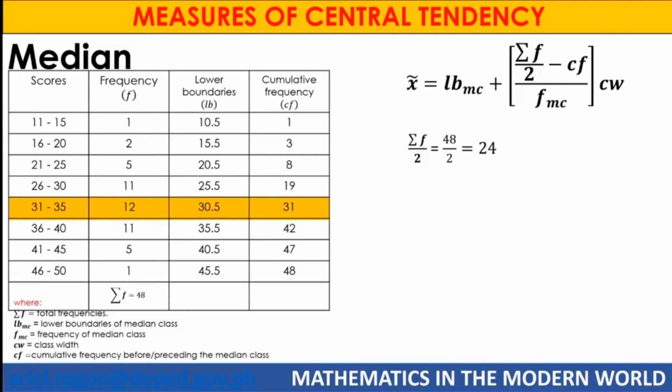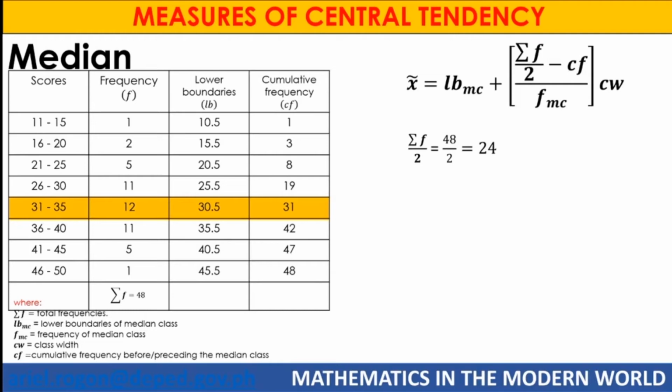So I have highlighted there the frequency where we can find the median class, in that particular column. So we have already identified the median class. The median class will be the 31 to 35 in the scores that we have in there.